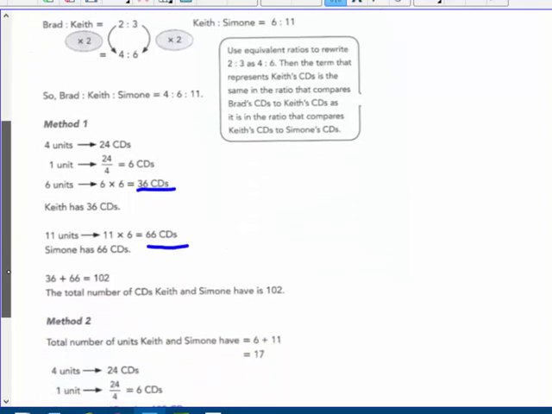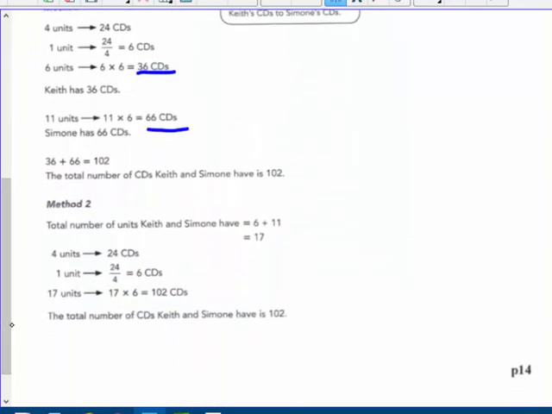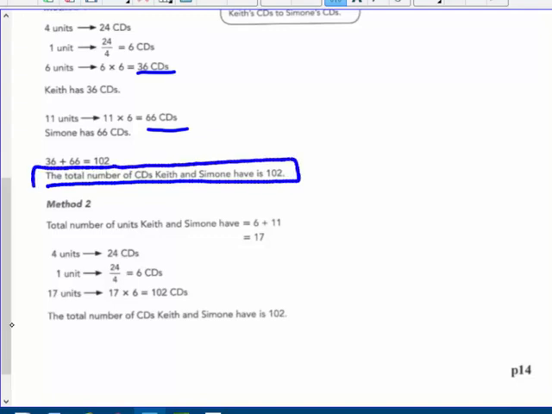So if you add that 36 and 66 together, the total that they have is 102. The other way you could do it, method 2, 4 units is 24 CDs, 17 units is 102, 6 plus 11. So you could just go right to adding all of those together.